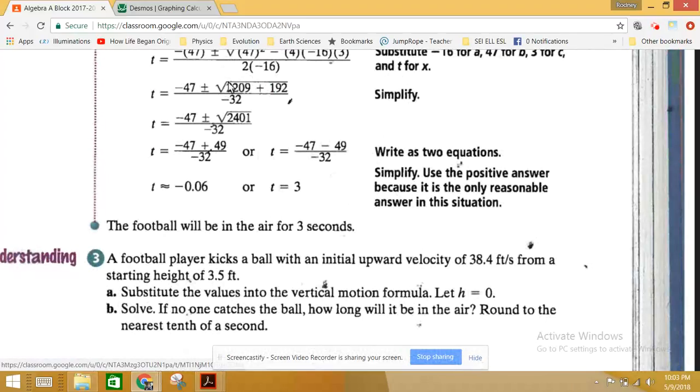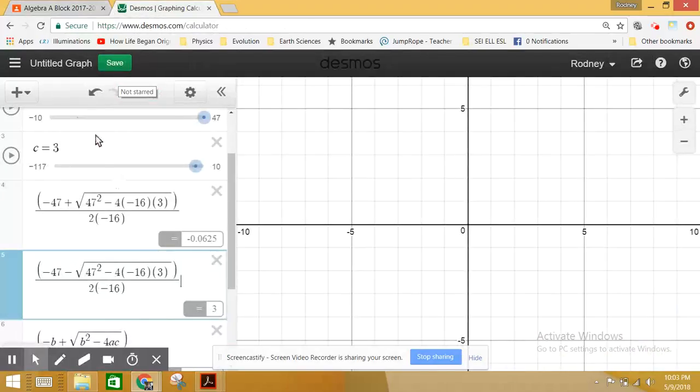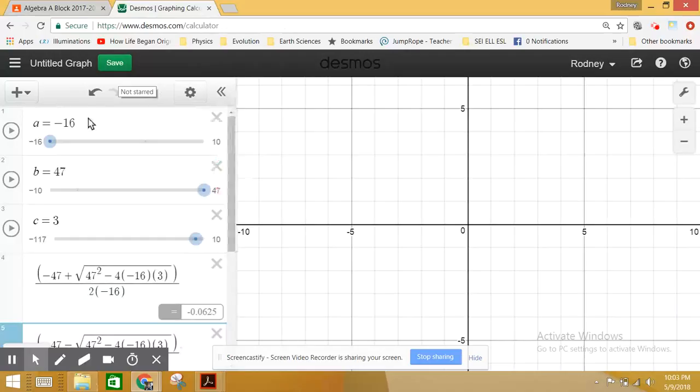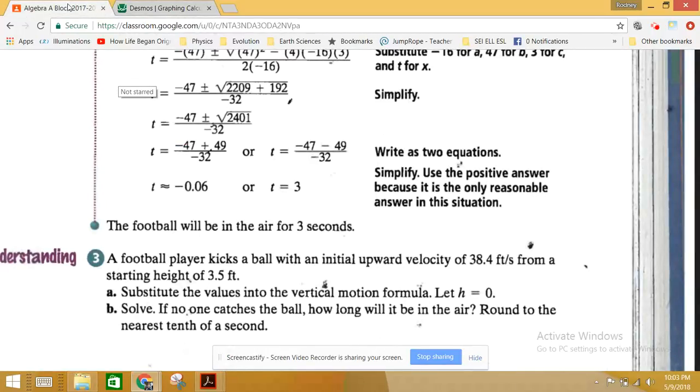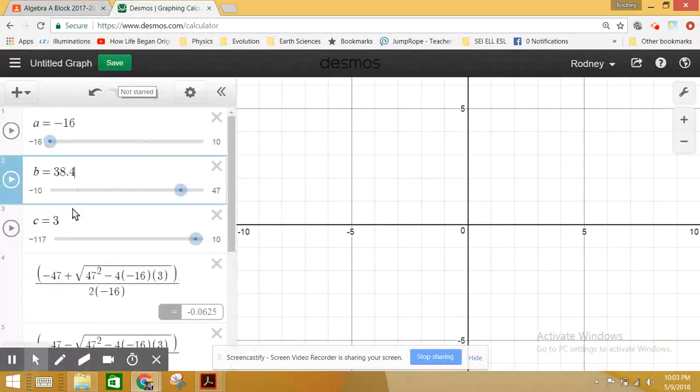So let's plug in: our A is going to be negative 16. This is, I believe, 38.4 velocity, and our initial height is 3.5 feet.